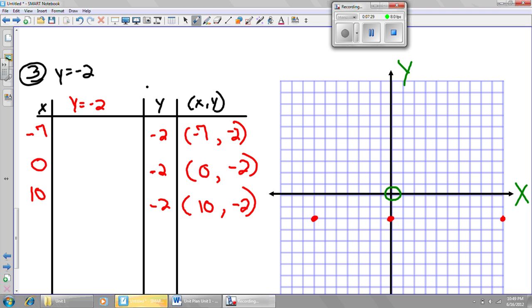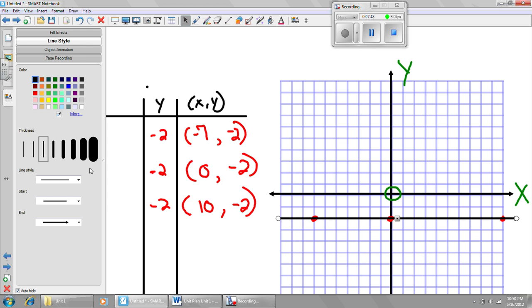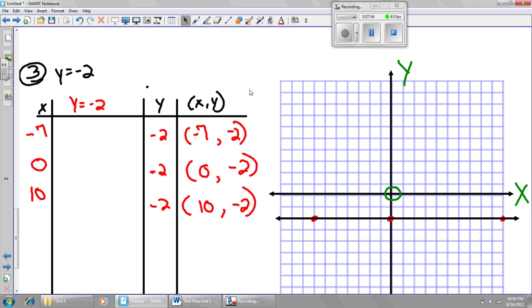They're less work than any other problems we do in class of this nature. So you can see that when I graph this one, I get a horizontal line. And I want to change it so that it is a line that goes on in both directions forever. And there you go. That's it.